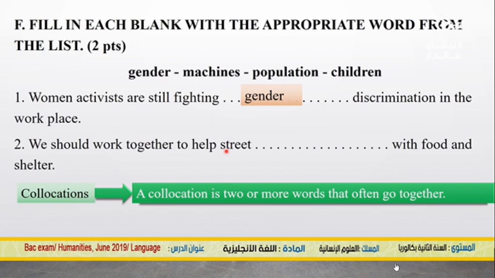It's children. Street children. Street children simply means children with no place to live in. So now again we are done with exercise F. Now we are going to move on to exercise G.